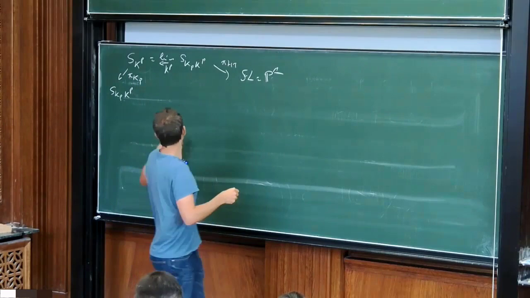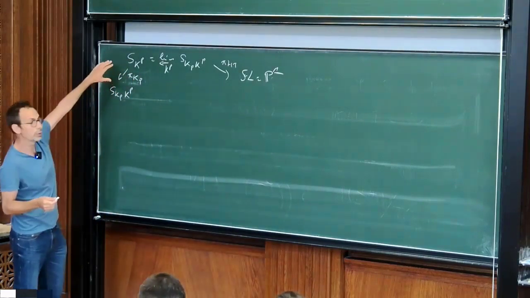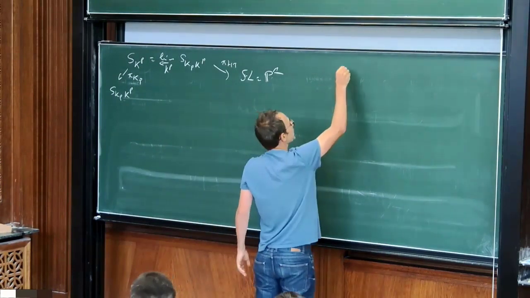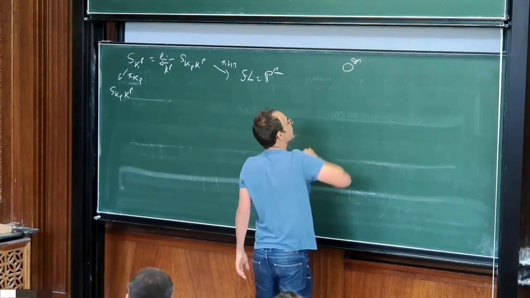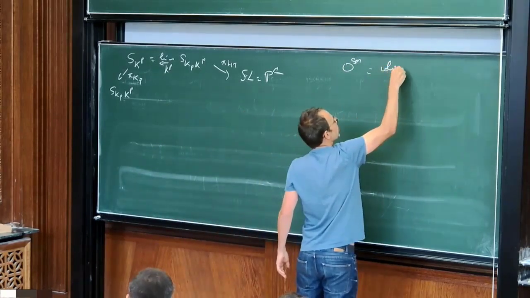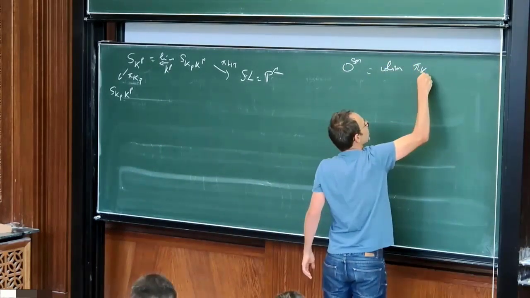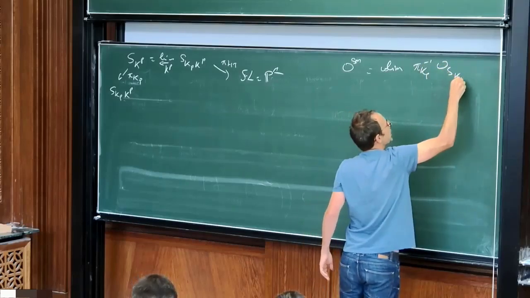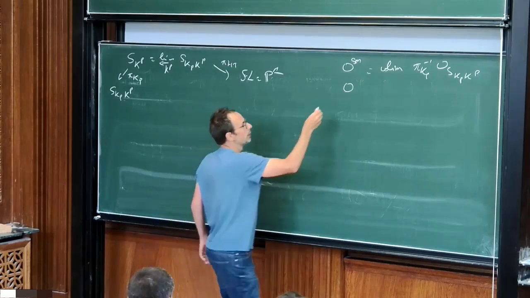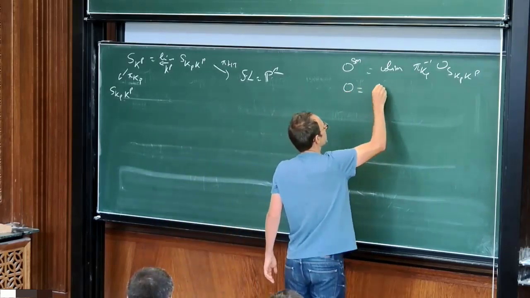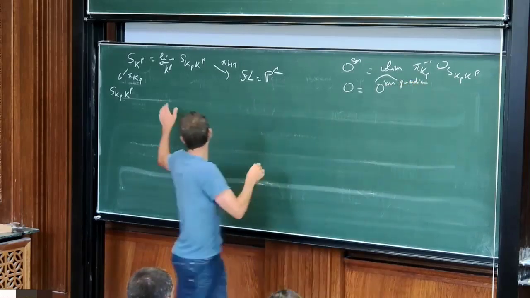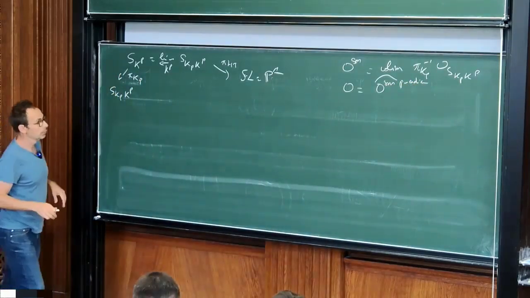There are several sheaves we can consider on this S_{K^p}. We can consider the sheaf of smooth functions, which is just the colimit of the sheaves of functions that come from finite level. We can consider the structure sheaf O, which is just the p-adic completion of O smooth. That's the structure sheaf of this perfectoid modular curve.